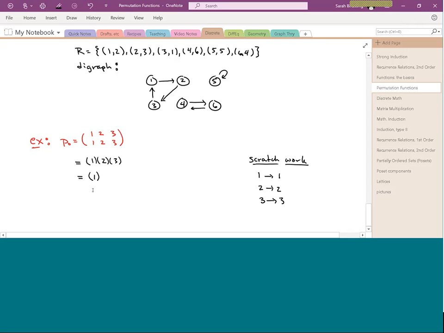That would be the only exception where you have to write your 1 cycle. This is actually why the notation for the identity function is parenthesis 1 close parenthesis, not because there's anything special about that name, just because that's the disjoint cycle notation that corresponds to your identity function.